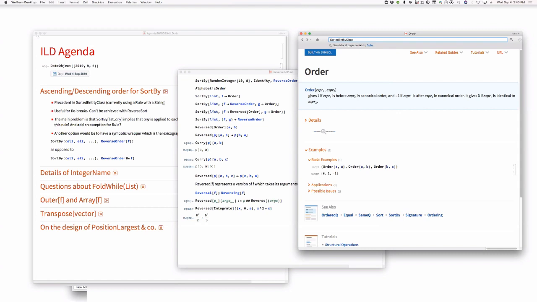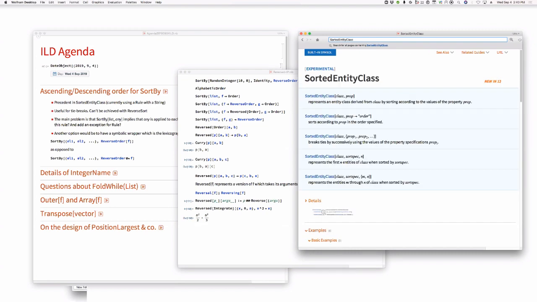I agree. As strings? Yeah, that's what I think we should do. Okay, so this stays the way it is. I think so. I mean, we could support reverse of order and reversed of order and order also in sorted entity class if we wanted to, but primarily there are only those two possibilities.